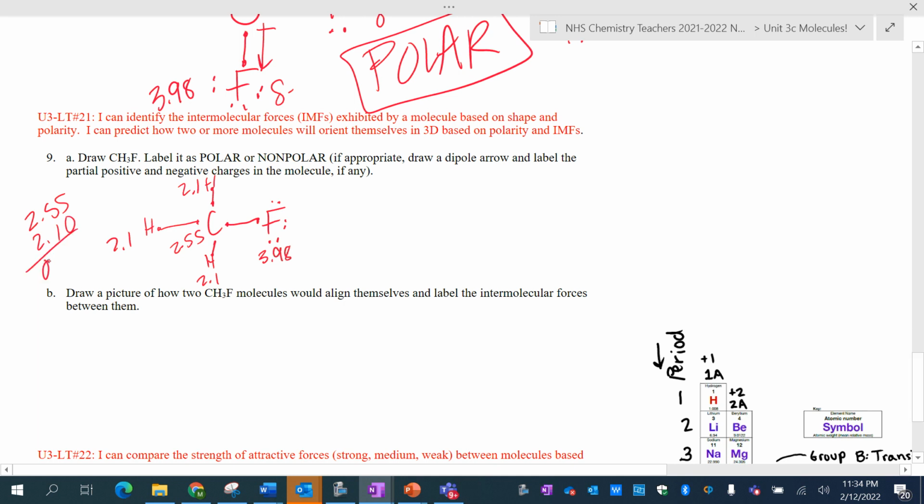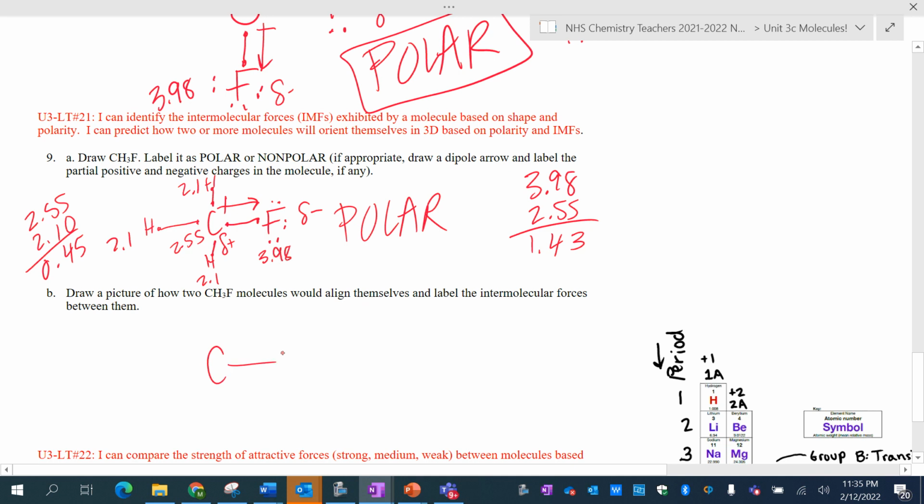So that's not significant enough to be considered polar. But fluorine minus carbon is, because that difference is between 0.5 and 2.1. So fluorine is pulling. Fluorine gets a partial negative. Carbon gets a partial positive. And this is indeed polar.